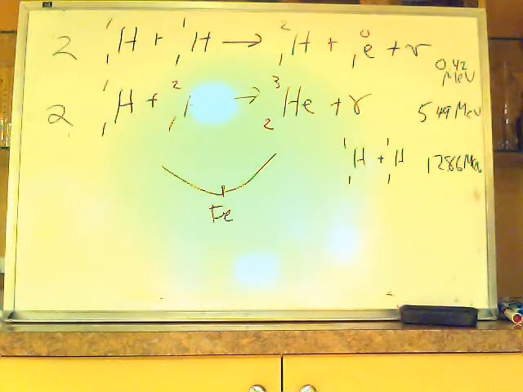So what you have to do, if you want to go to higher nuclides than iron, is you have to use processes that involve neutron capture, and you can use thermal neutrons for that. Or you could use fast neutrons as well. I mean, actually, in stars, it would have to be fast neutrons.